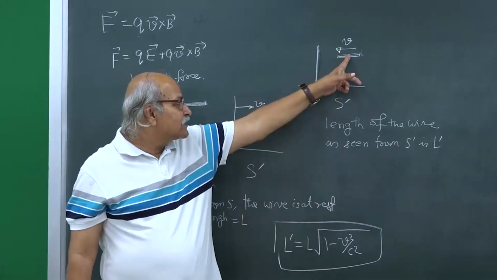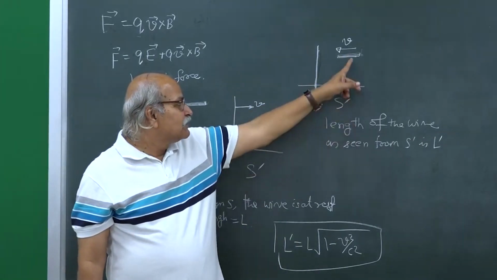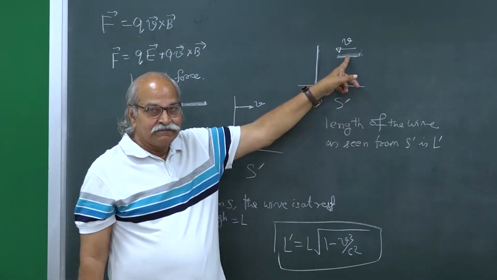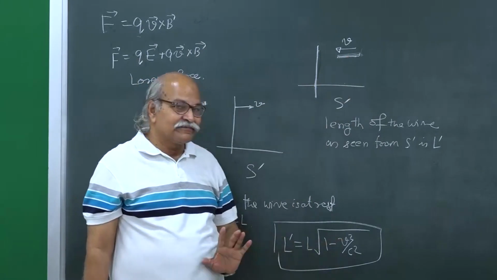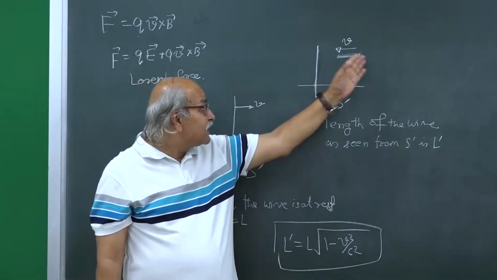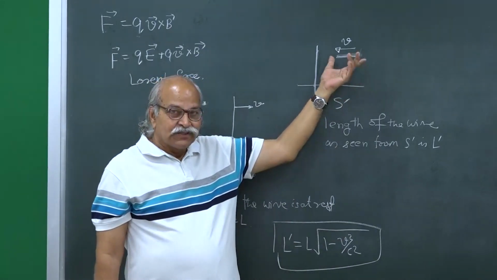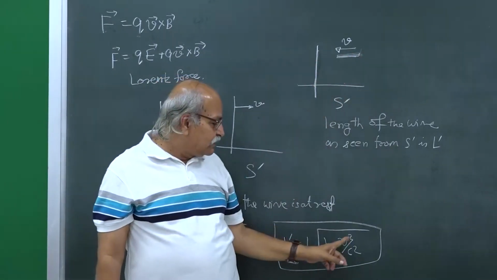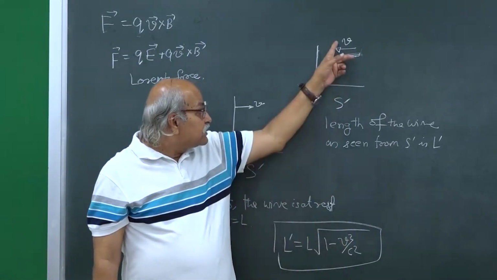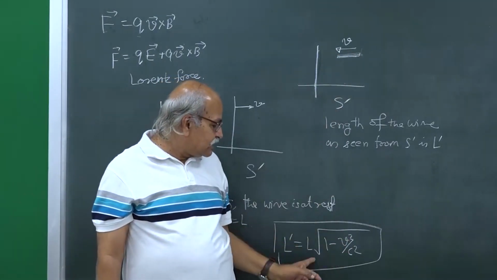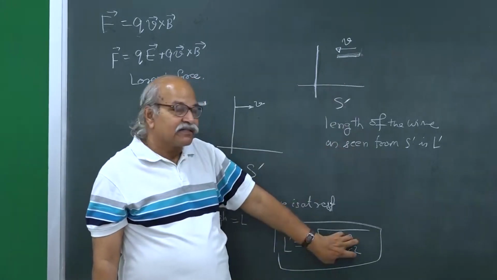This wire is moving with respect to S prime with a velocity v. We only need speed here, because the length contraction is in the direction of motion. In that direction, whatever the speed v is, this is the factor, the square root of 1 minus v square by c square.